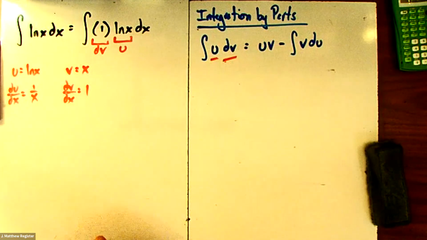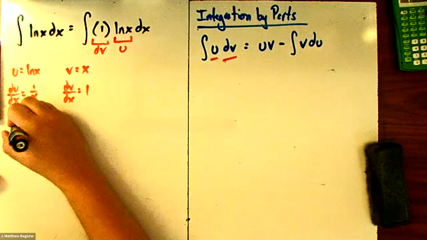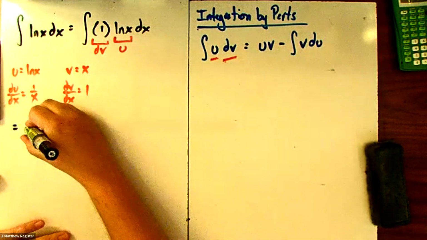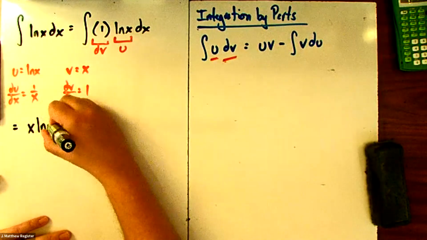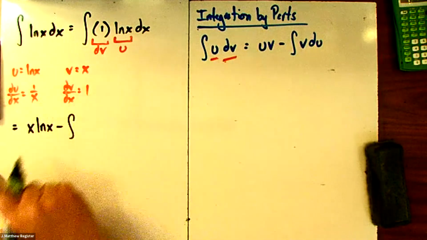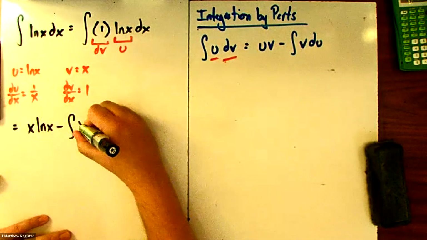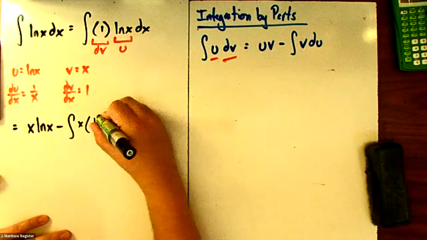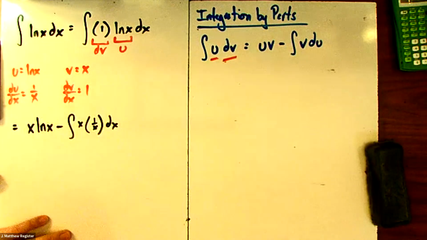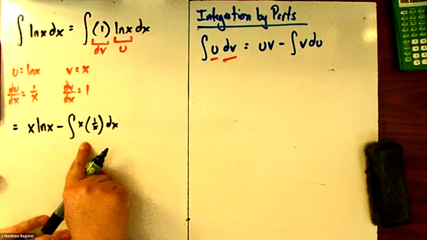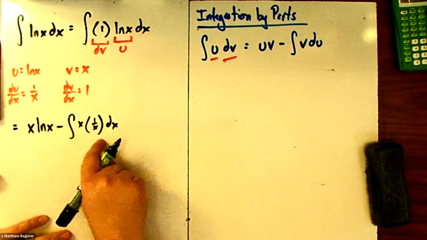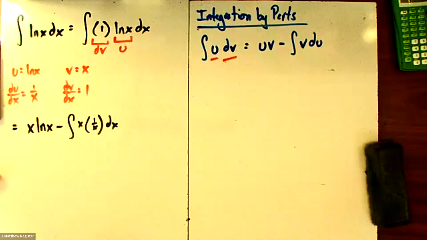Using the integration by parts, we can then say that this is equal to u times v minus the integral of v du. But notice what happens here. The x and the 1 over x cancel.